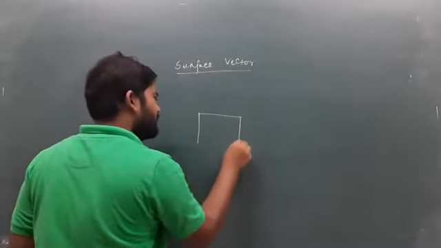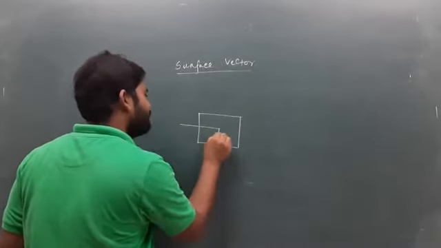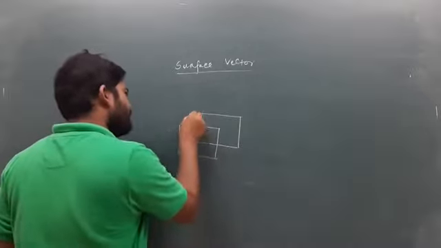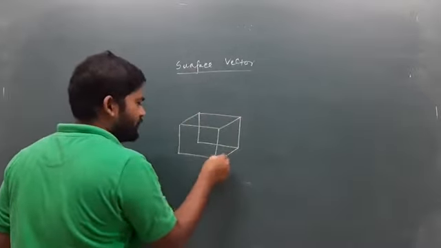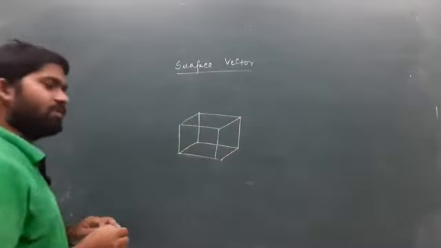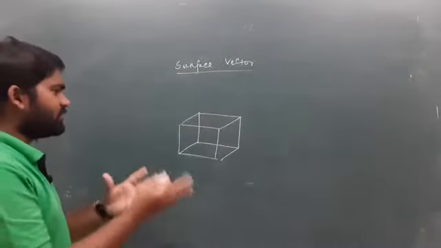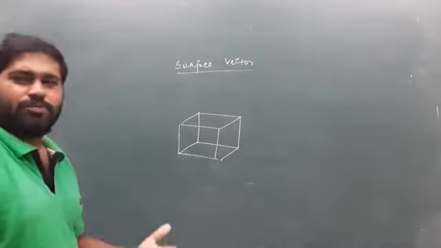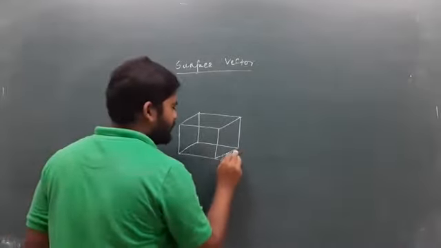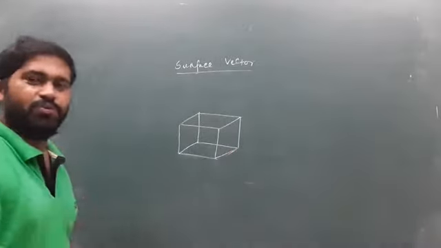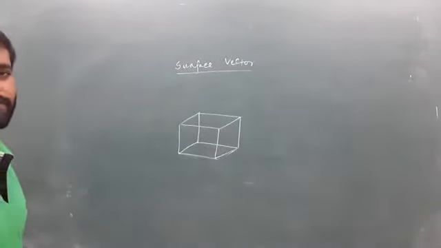If I consider a cubical box, there are 6 faces, so it is easy to find the surface vector because the surface vector is radially outward and perpendicular to that surface.